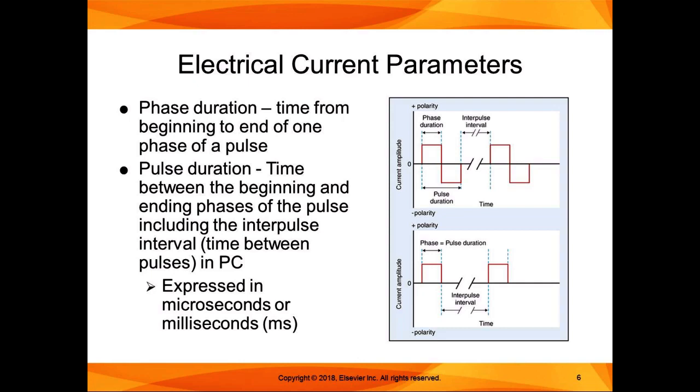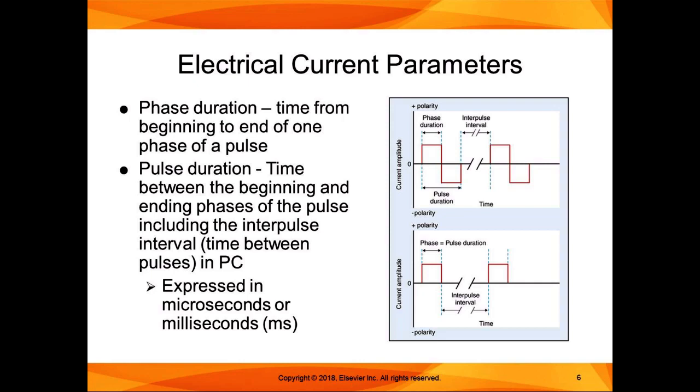The pulse is the period when the electrical current flows in any direction. So a pulse can be made up of one or more phases. In biphasic pulsatile current, you're going to have two phases, and all of the time for those two phases is the pulse duration.